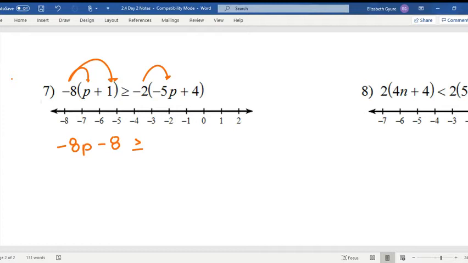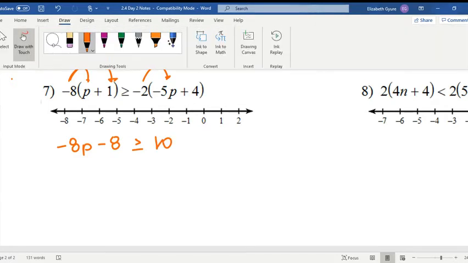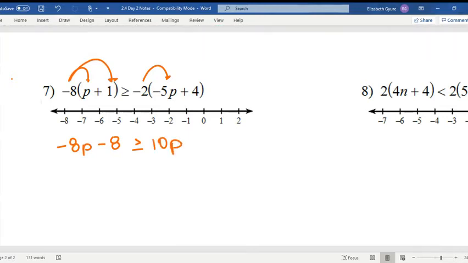What's negative 2 times negative 5p? It is going to be positive 10. And what letter do we need to attach to it? P. Negative 2 times 4 is negative 8. And then let's do our 2 columns.